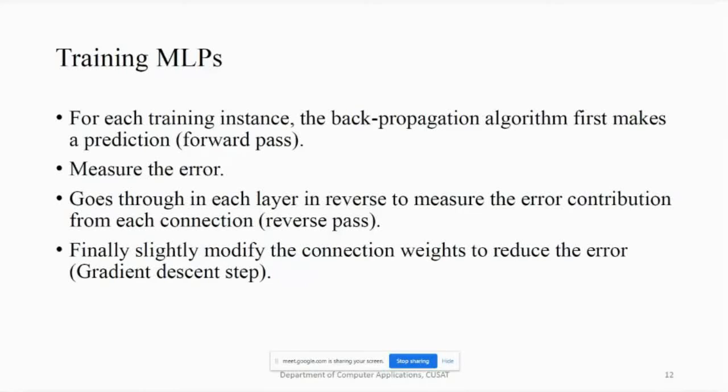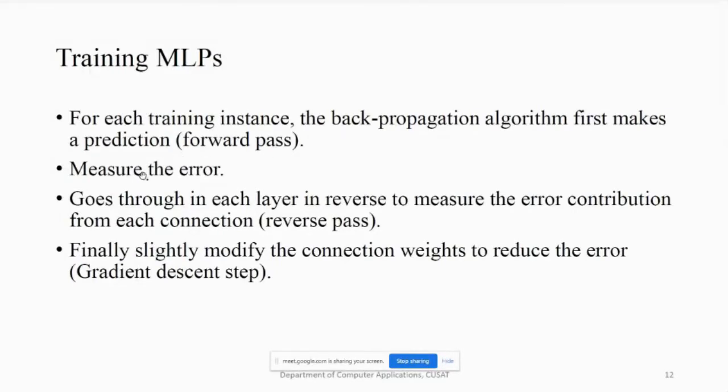Then, as I said earlier, training in multi-layer perceptrons is very important, and these are the various stages happening at the time of training a multi-layer perceptron. For example, for each training instance, that means for a particular image, the backpropagation algorithm, and that is the algorithm used in a multi-layer perceptron for training the network, first makes a prediction, and that is the forward pass.